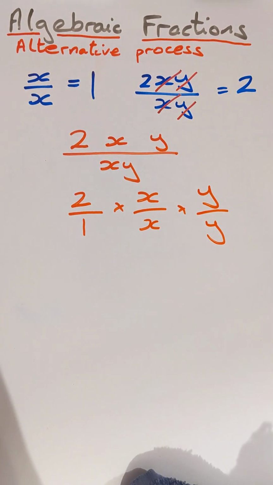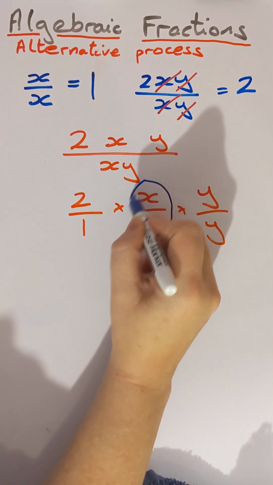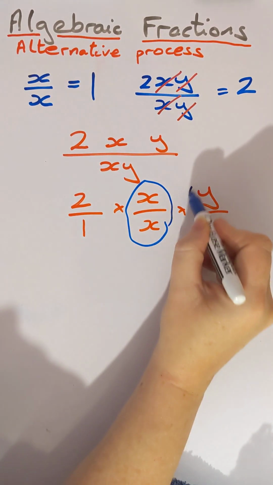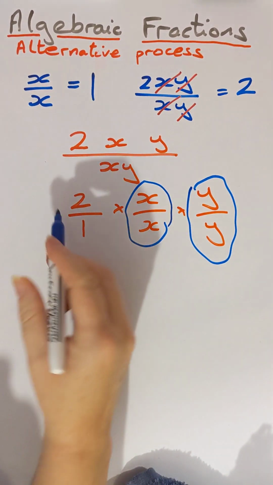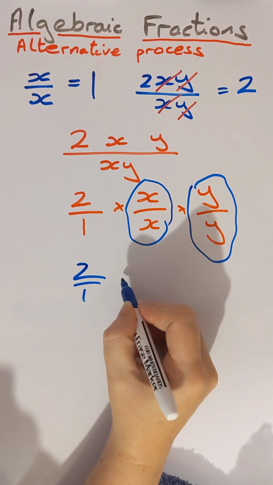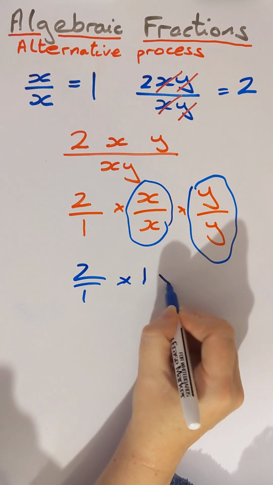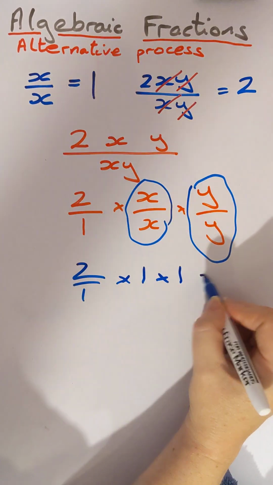Now you can see quite easily that is 1 and that is 1. So what we've really got is 2 over 1 times 1 times 1, which is why we get 2.